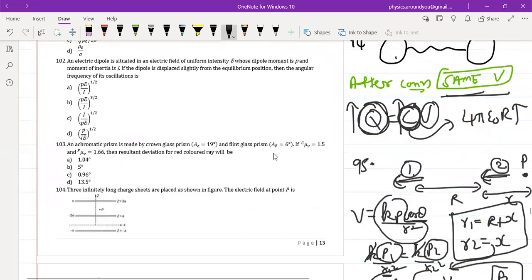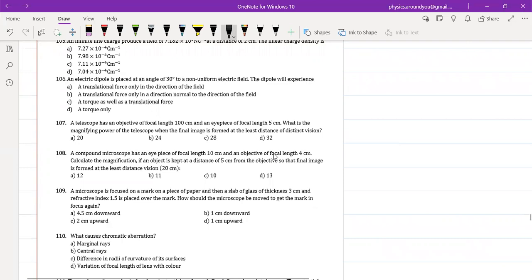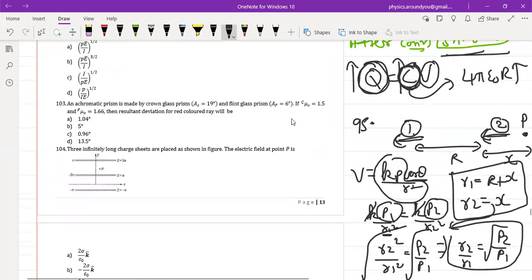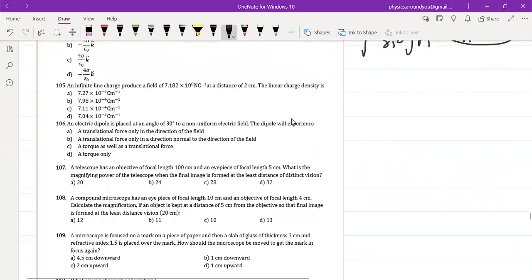How to do this? Here is the approach for the 98th question.